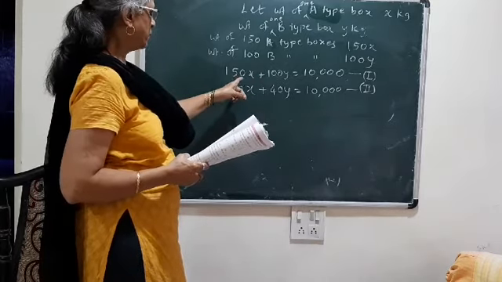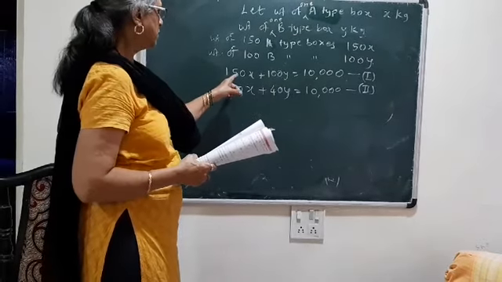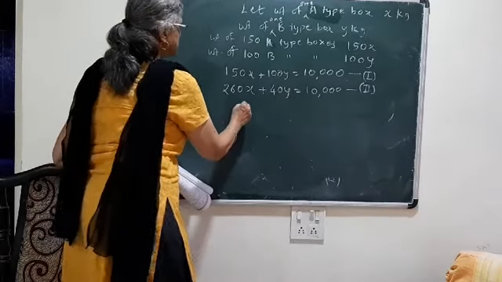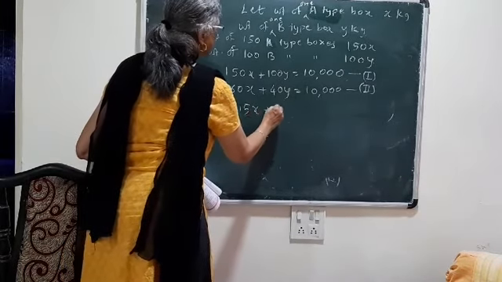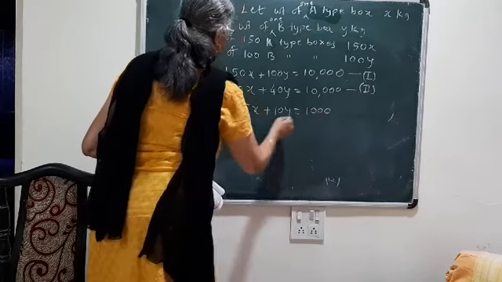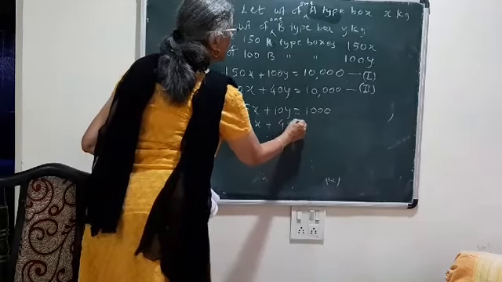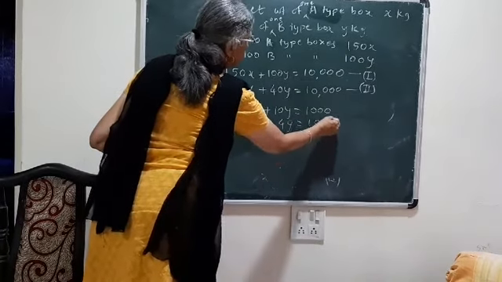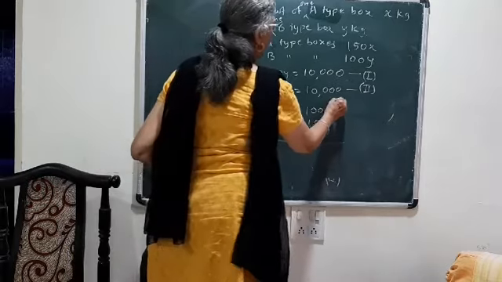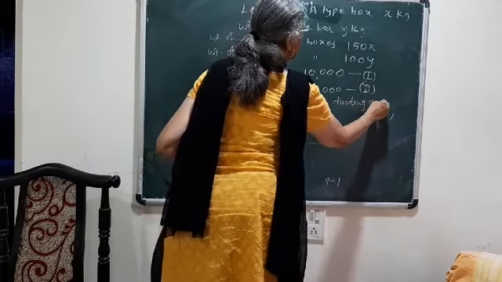Now here everywhere 0 is there, so what we will do, we will divide each term by 10, so that we can have the first simple equation as 15x plus 10y is equal to 1000, and second equation 26x plus 4y is equal to 1000, so that it will be easy to solve, dividing each by 10.